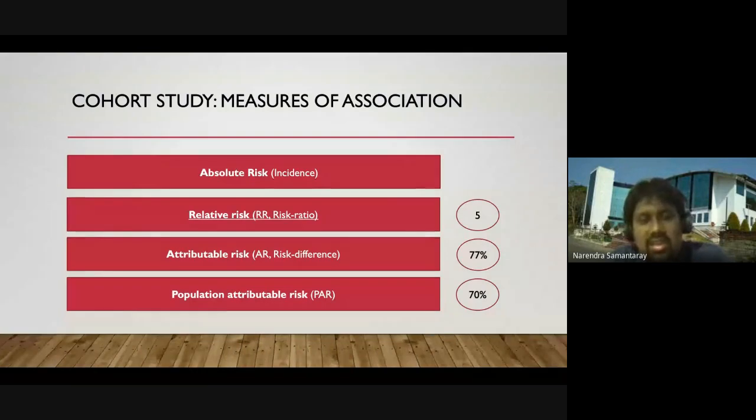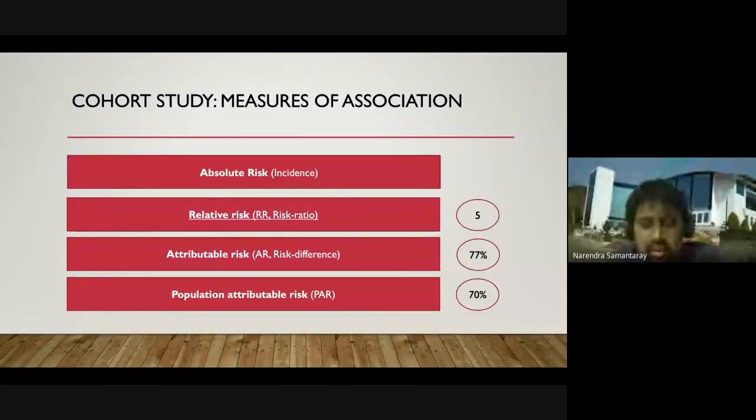This is basically giving a definitive answer in a percentage manner: if a certain risk factor is removed from the population, how much percentage of annual reduction of that disease will happen in the entire population.